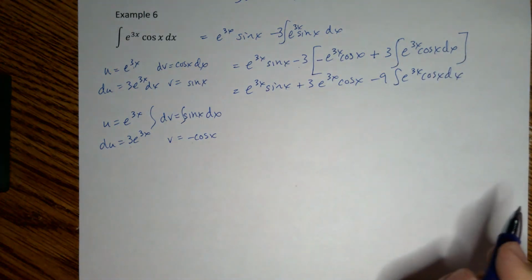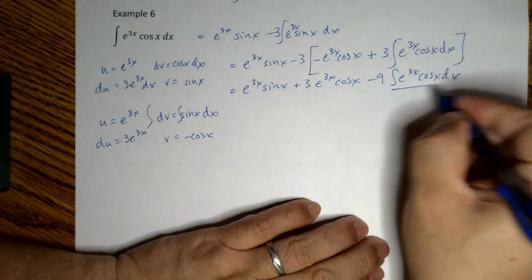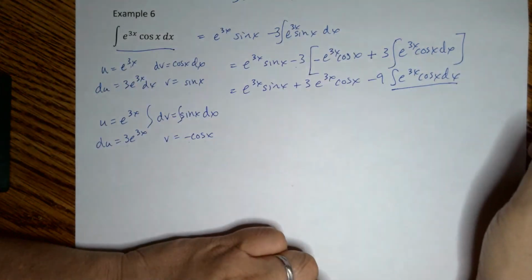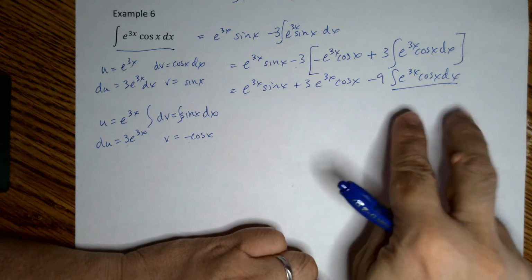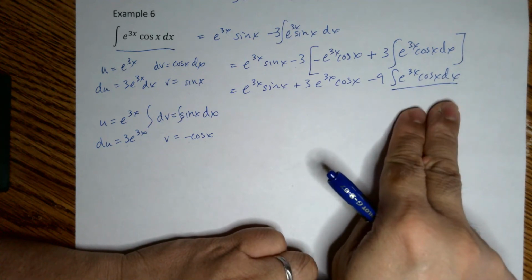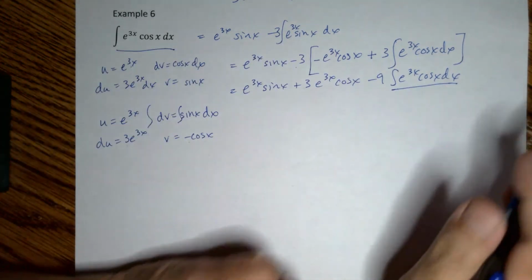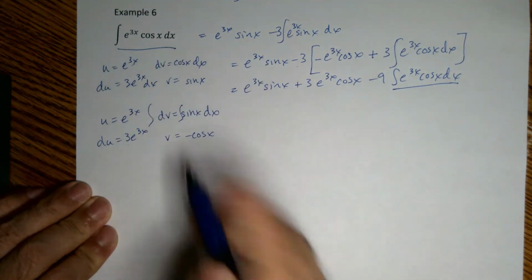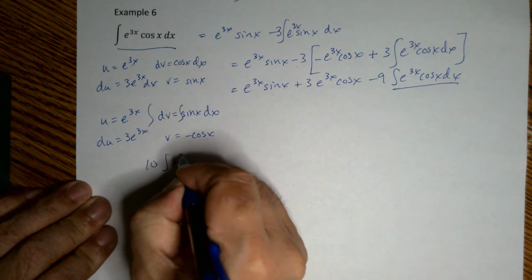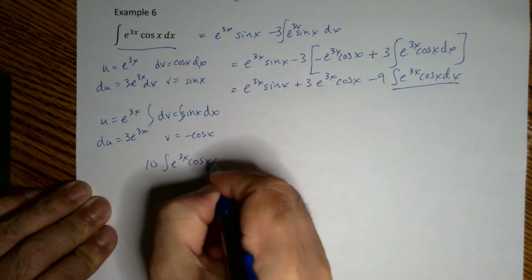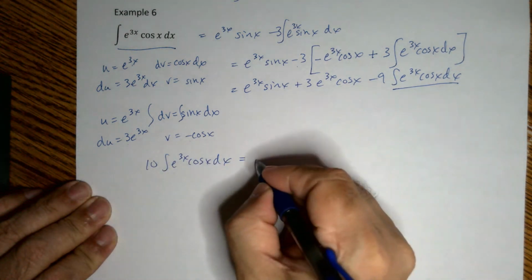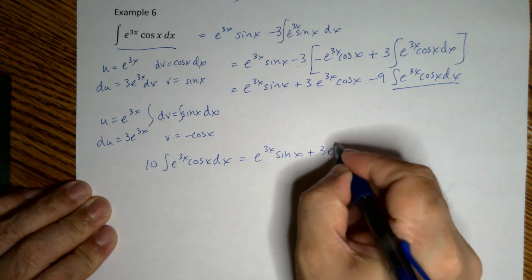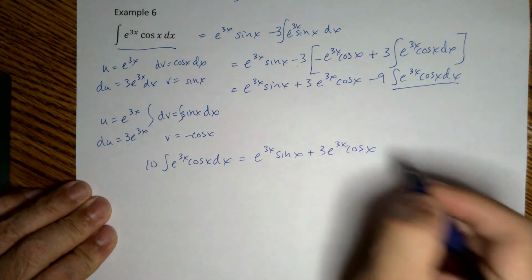Now, you might have noticed that this piece on the right is the same as I had over here. So what I'm going to do is move this from the right-hand side and add it to the left. So this is what happens. It's one of these and add 9 of these. So it's going to be 10 e to the 3x cosine x dx equal to e to the 3x sine x plus 3e to the 3x cosine x.